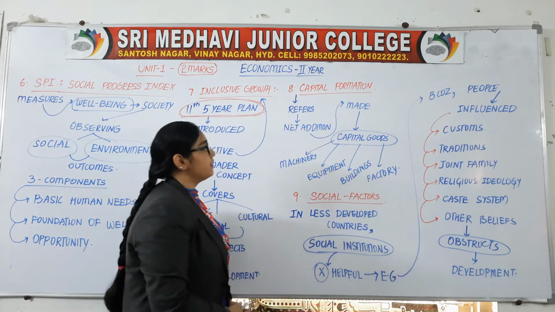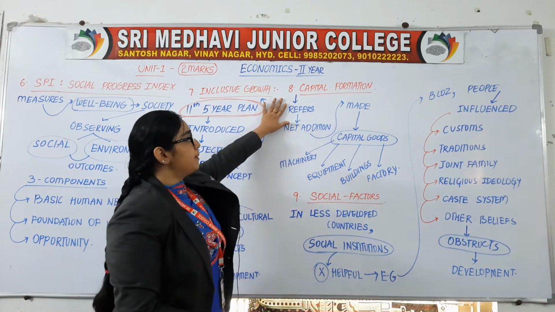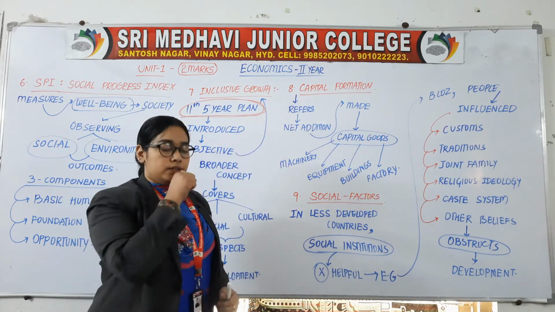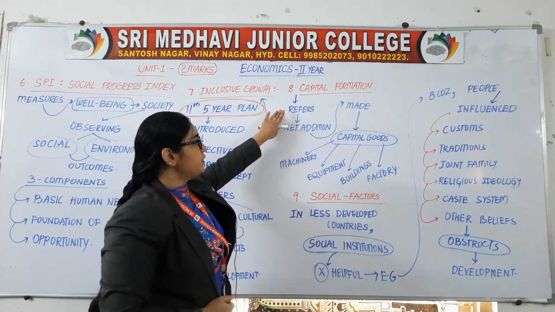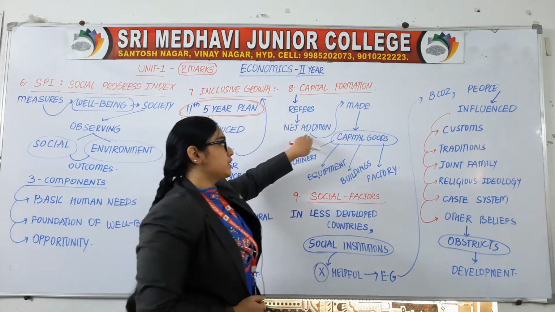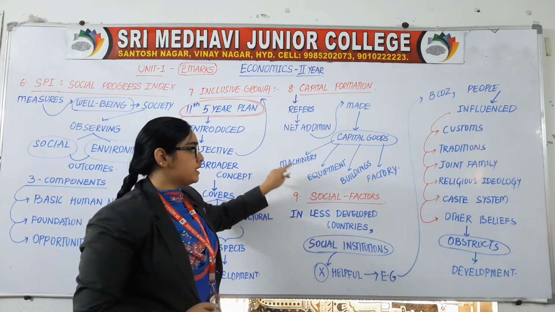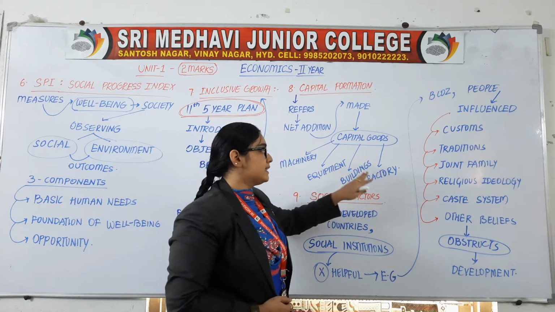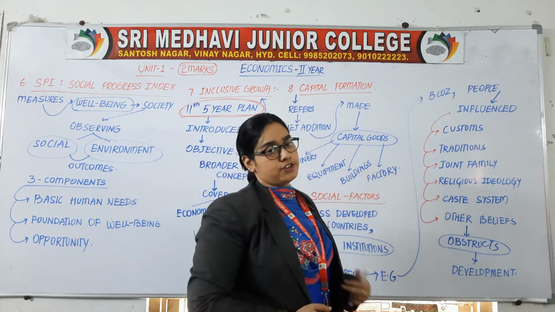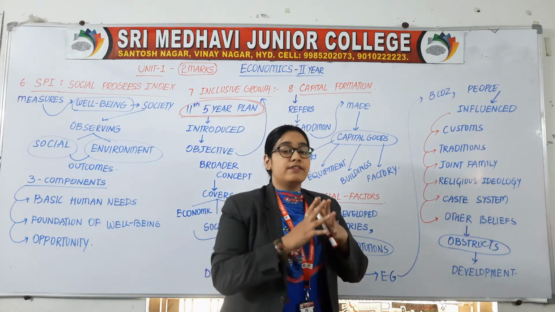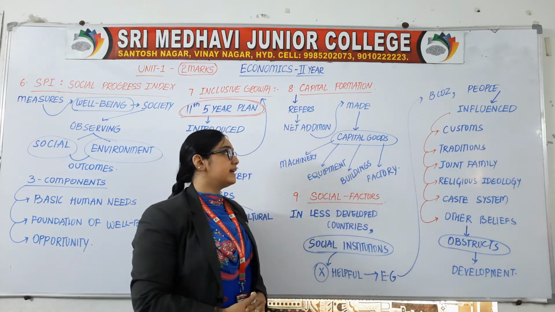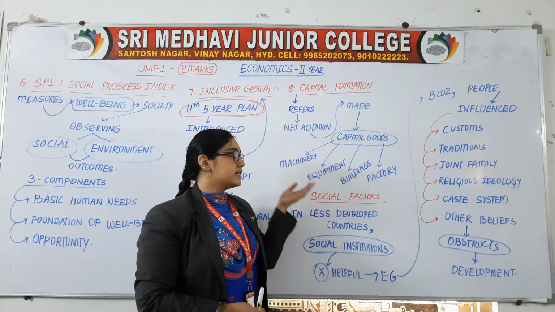Coming to the 8th definition, that is capital formation. It refers to the net addition made to the capital goods, that is machinery, equipment, buildings, factory, etc. Alright, whatever the capital goods are there. What are the capital goods?